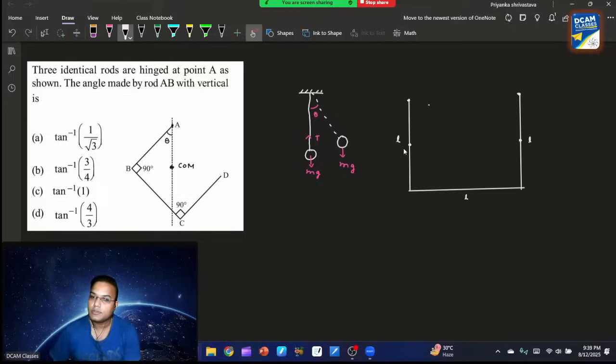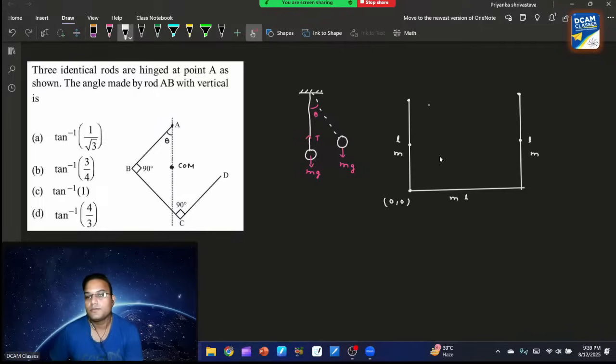See, suppose you consider the mass of these as m, m, and m because they are equal. We take this point as 0, 0. Or better, I'll take the bottom one because then we won't have to take negatives.